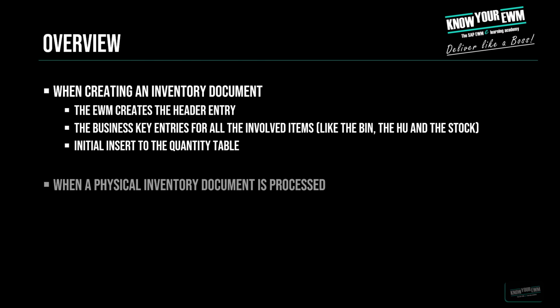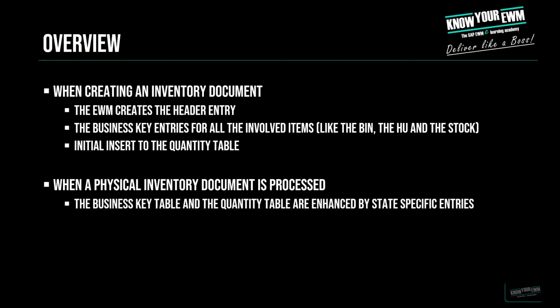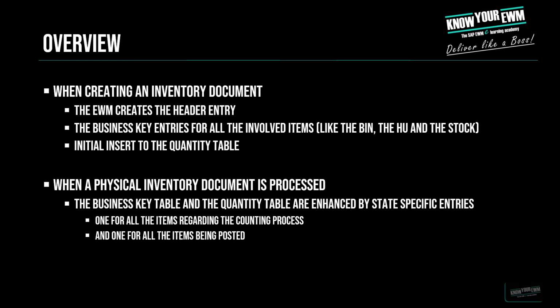When you process the physical inventory document, the business key table and the quantity table are enhanced by state-specific entries. 1 for all the items regarding the counting process and 1 for all the items being posted. Additionally, the posted inventory document is saved on storage bin level to get a better overview over the inventory process.